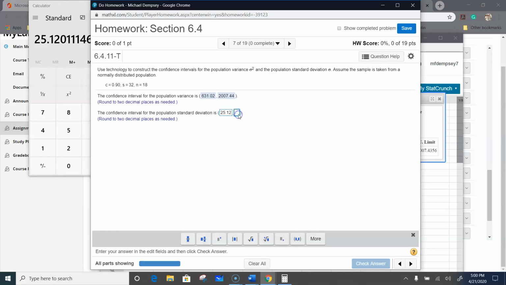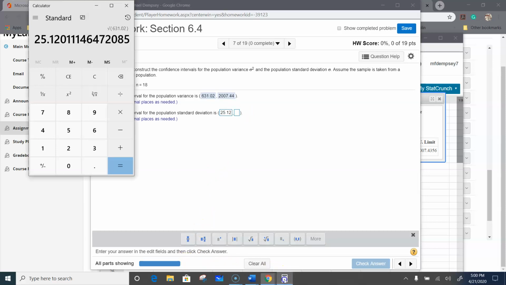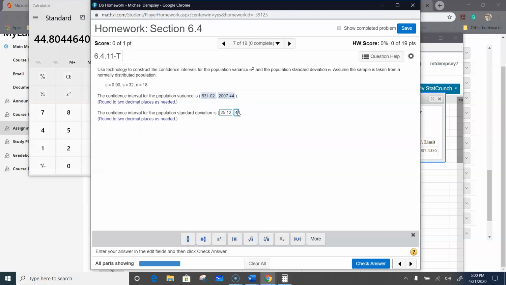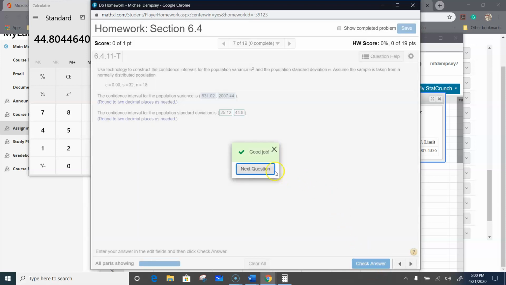And then we're going to take that upper limit, 2007.44, and we'll square root that as well. Oh, I squared it. 44.8. We're okay on both of those.